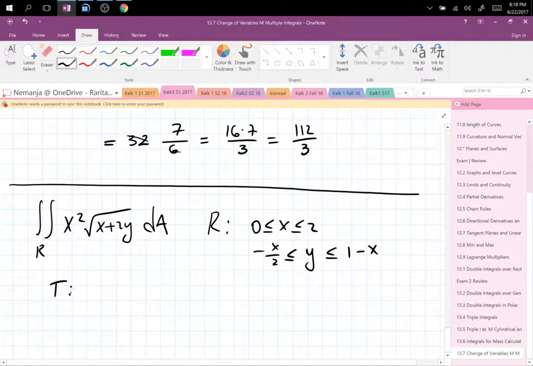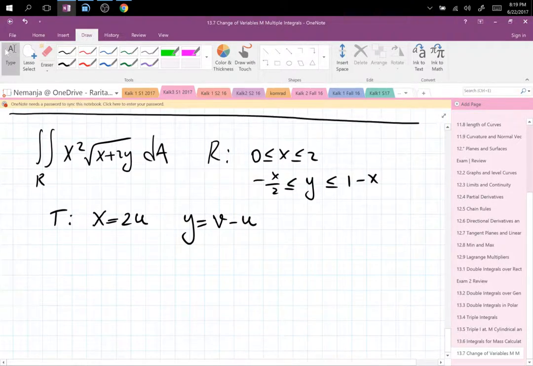The transformation: x equals 2u and y equals v minus u. Again, draw the region first. Try to do the transformation. See how it goes.